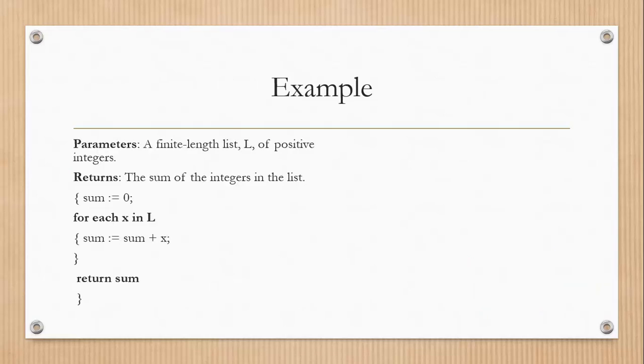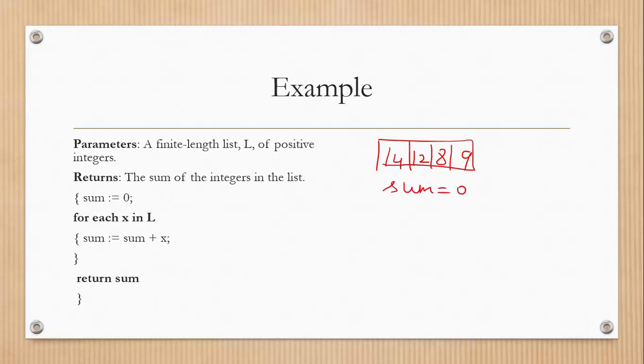So in this example, we will calculate the algorithm complexity. For example, we have a finite length list L of positive integers. Numbers of integers are there like 14, 12, 8, 9. What this algorithm will do, it will return the sum of integers in the list. How? First of all, we have taken a variable sum initialized to 0.